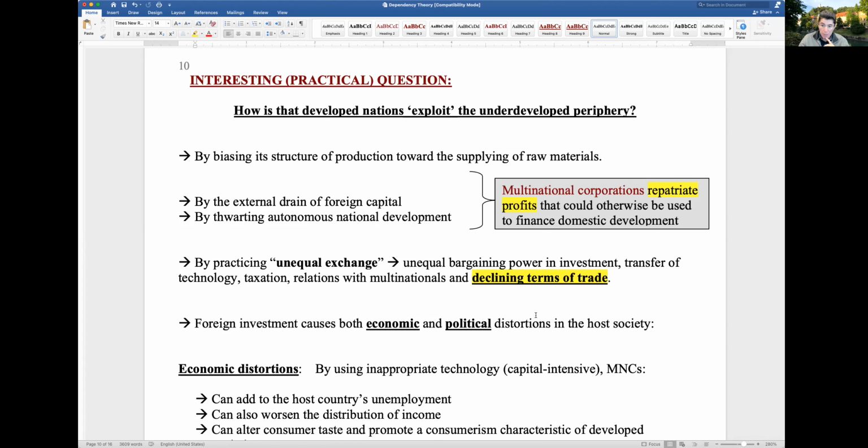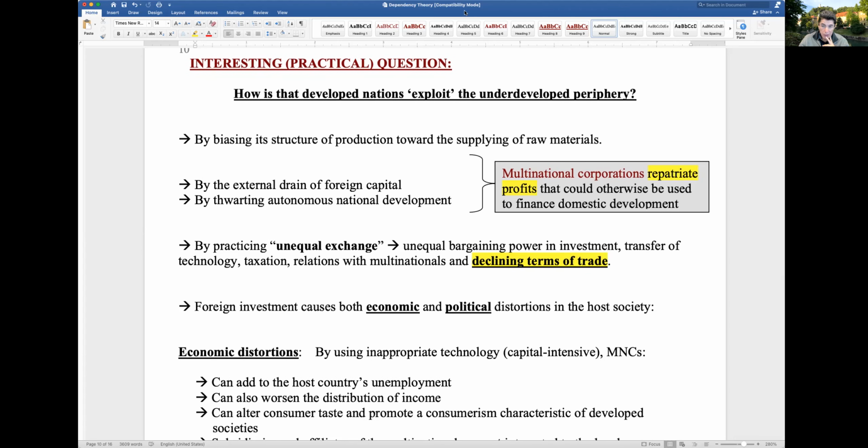The second element that I explained was the decline in terms of trade. I am not going to explain this again because I already did on Wednesday. But I'm talking about this part right here, the decline in terms of trade. That's where I talk about the TT and the ratio of prices.